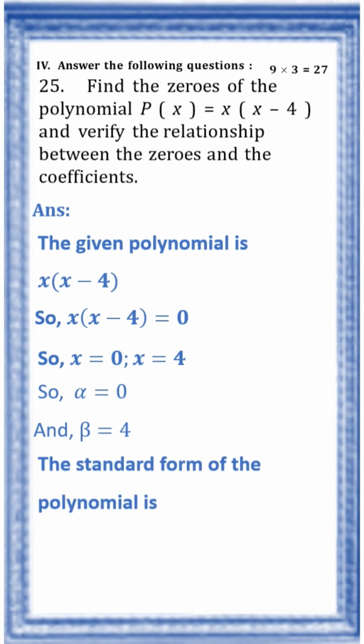Standard form of the polynomial: we have to write it in the standard form because we need to find the coefficients A, B and C. x into x, that is x square, x into 4, that is 4x. Now here A is equal to 1, B is equal to negative 4, C is equal to 0.